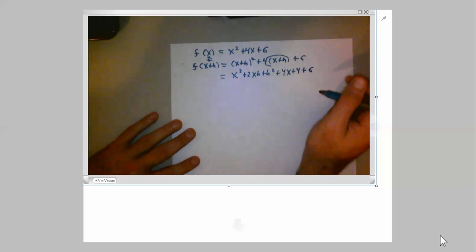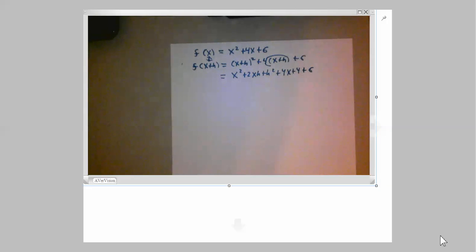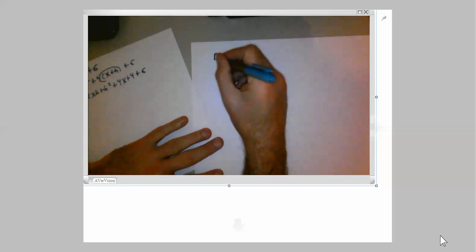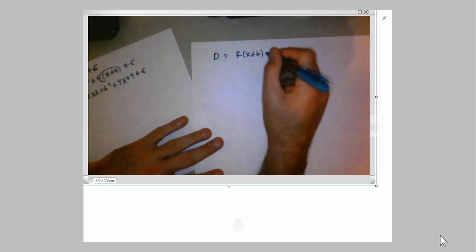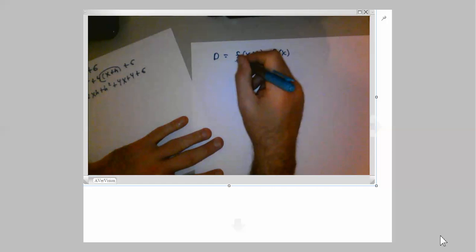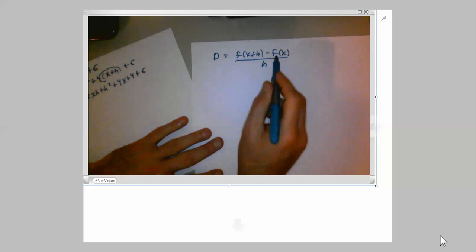Okay? So if you remember, the difference quotient, I'll write on a separate piece of paper, is just going to be, the difference quotient d is going to be f of x plus h minus f of x divided by h. So I found f of x plus h, and I know f of x, so I'm going to subtract them now.